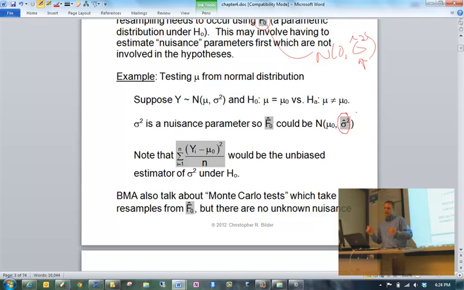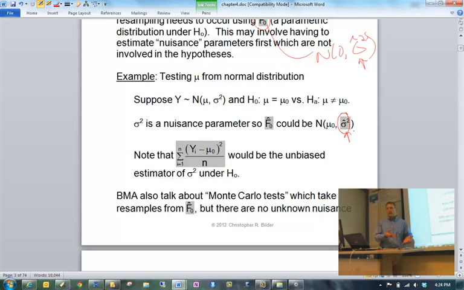So it's a nuisance. But what could you do? Well, maybe you could just use the regular old unbiased estimate for sigma squared itself. We call that sigma hat squared. You could do that. And if H0 was true, of course, then that's going to give you an estimate for what sigma squared is under the null hypothesis.